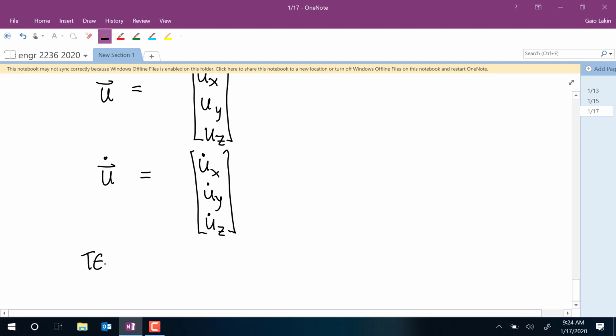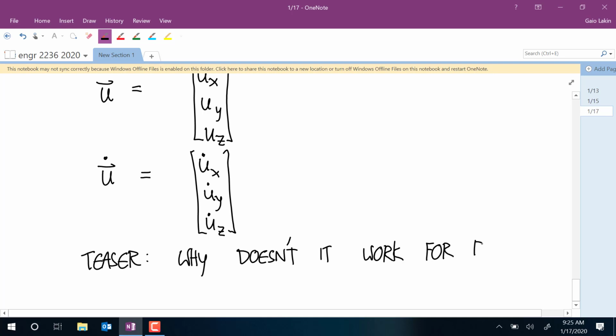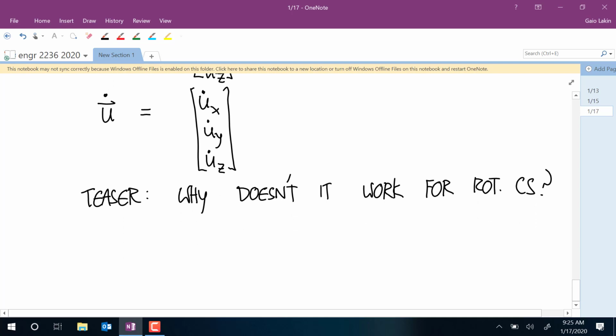So here's just a quick teaser. Why doesn't it work for rotating coordinate systems? I think the easiest way to think of it is like this.